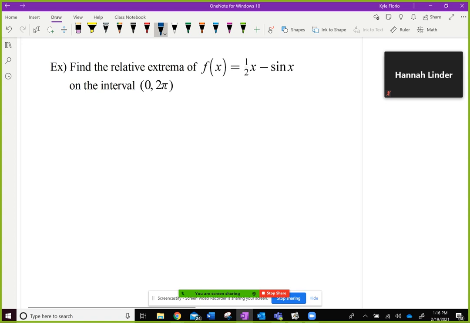Okay. We're going to find the relative extrema of a nice trig function. We have f of x equals 1/2 of x minus sine of x on the interval 0 to 2 pi.